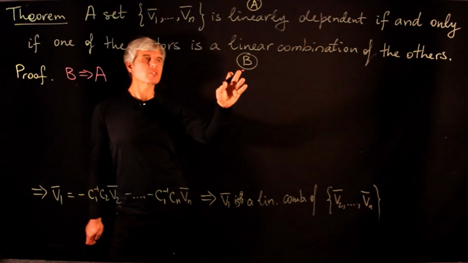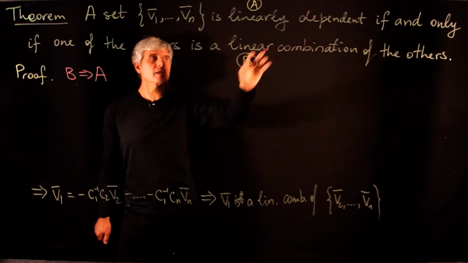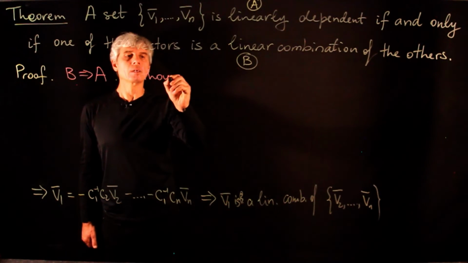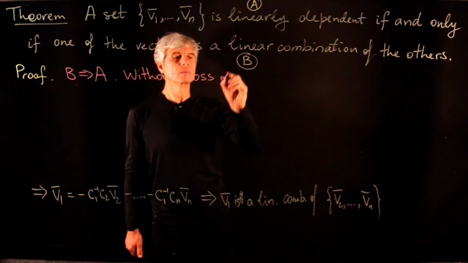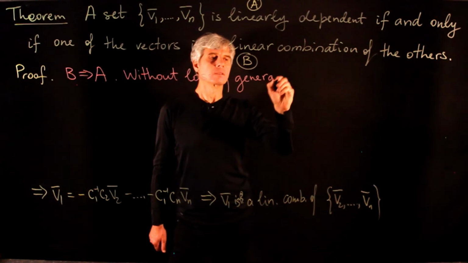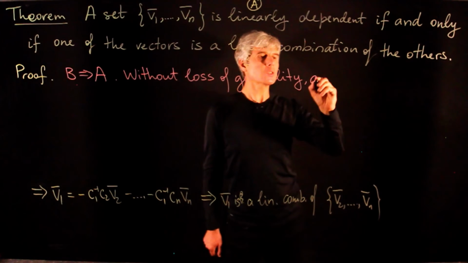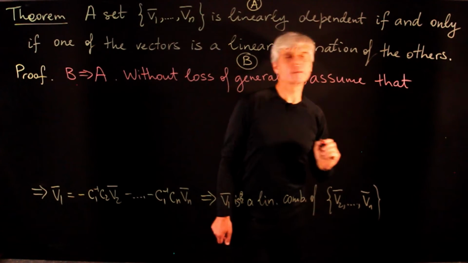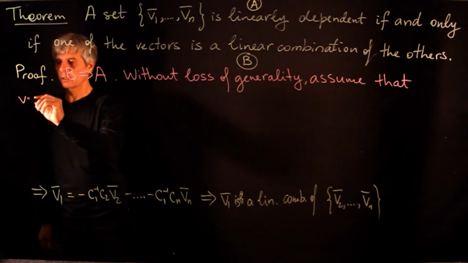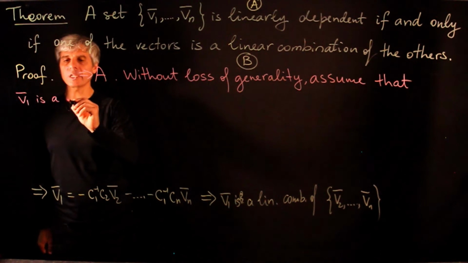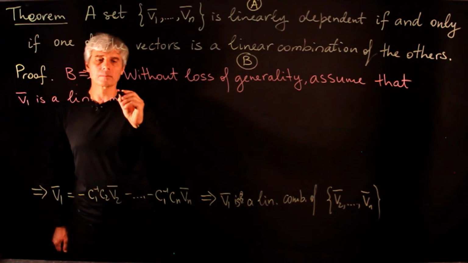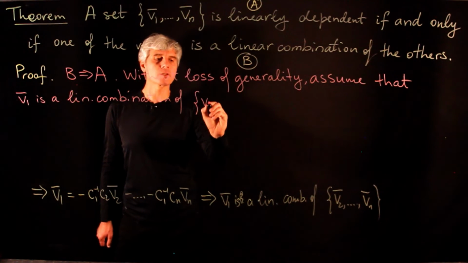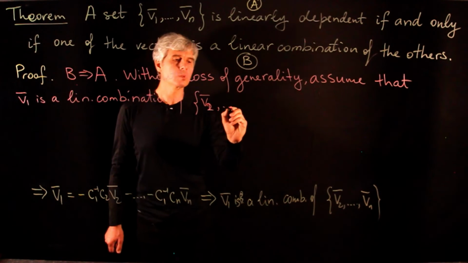So if one of the vectors is a linear combination of the others, then this set of vectors is linearly dependent. So again, without loss of generality, let's assume that V1 is a linear combination of the remaining vectors from V2 to Vn.